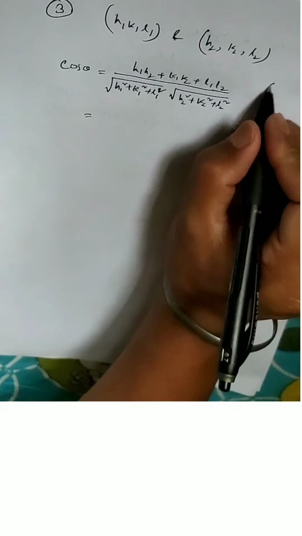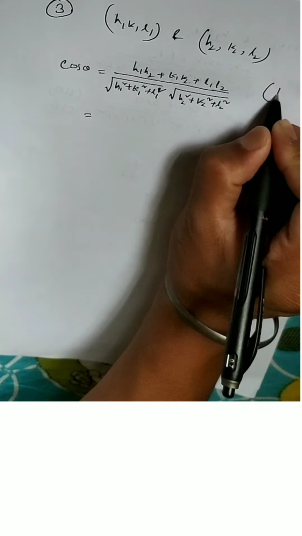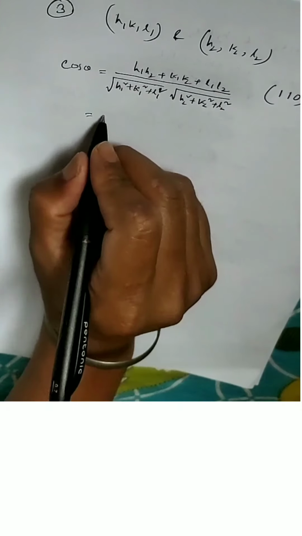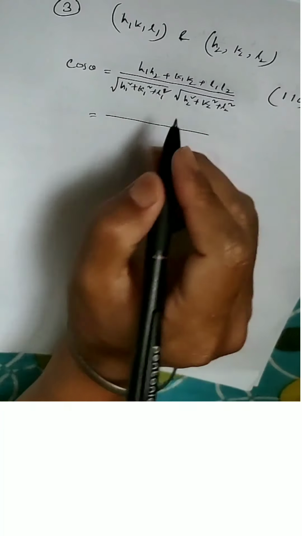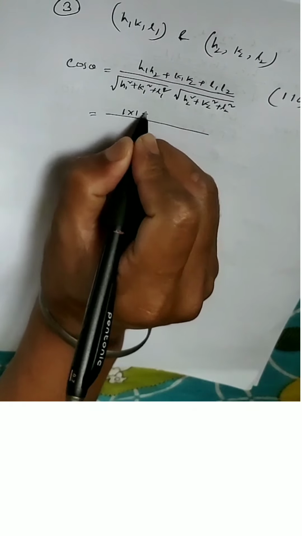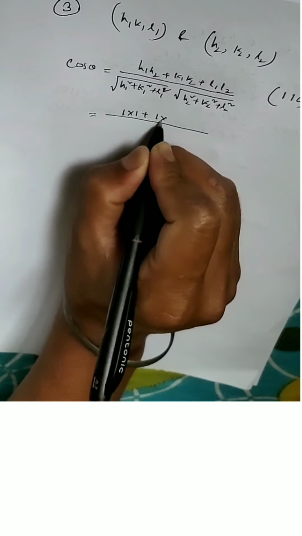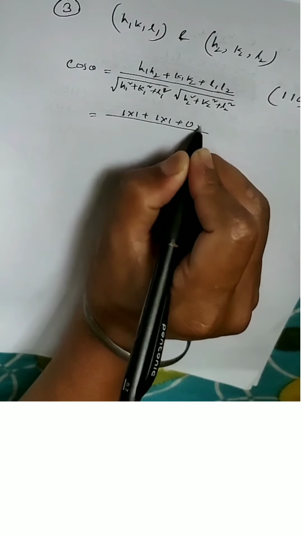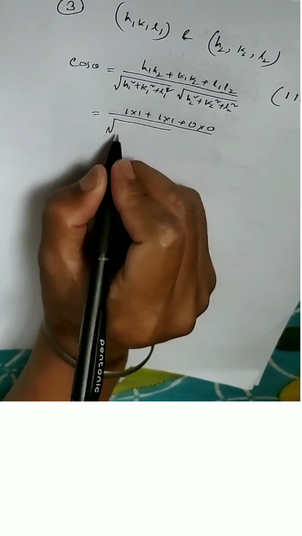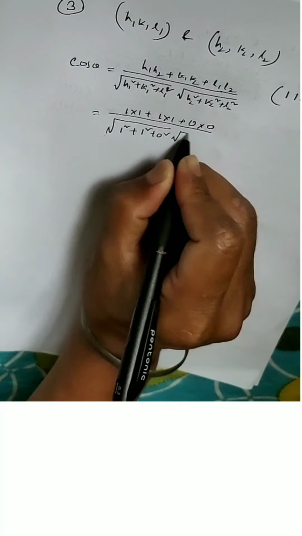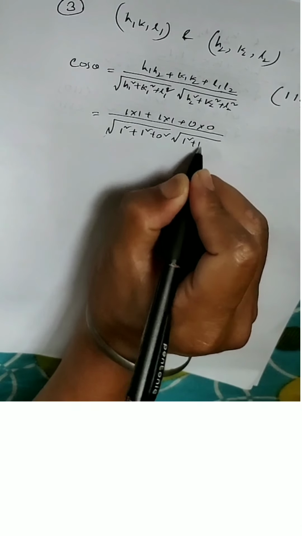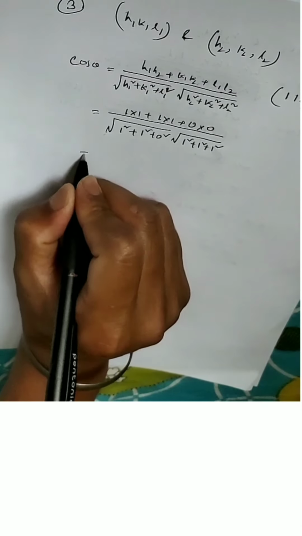Since Miller indices are given 1, 1, 0 and 1, 1, 1, putting this value in this equation, we have 1 into 1 plus 1 into 1 plus 0 into 1, and root over 1 square plus 1 square plus 0 square into 1 square plus 1 square plus 1 square.